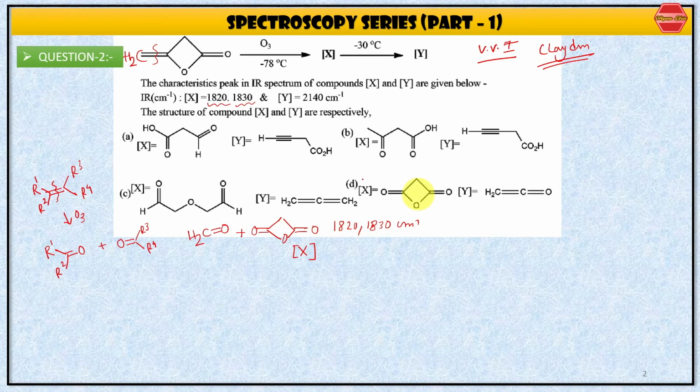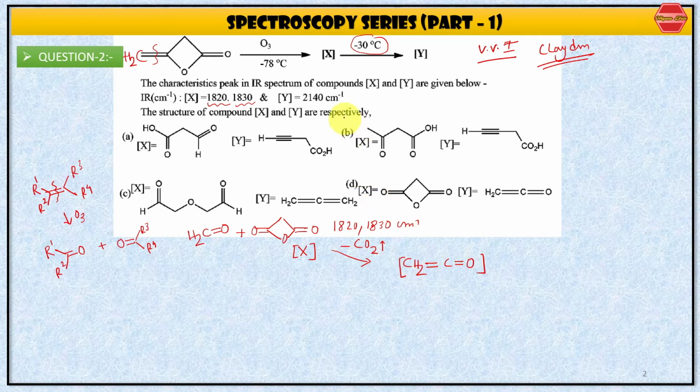Now let's see the Y. From X to Y, they have given the minus 30-degree temperature. Now this four-member ring is quite unstable, so that is why at this lower temperature it can remove one molecule of CO2, and finally it can generate this kind of CH2 double bond C, so this kind of ketene, right?